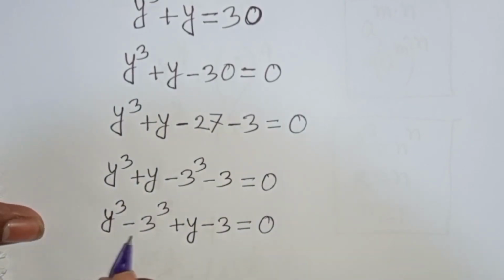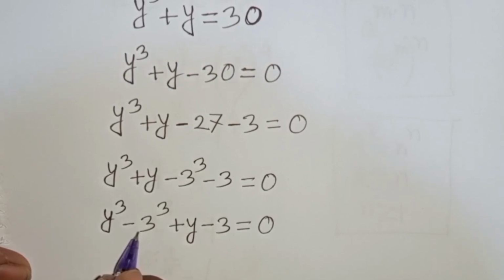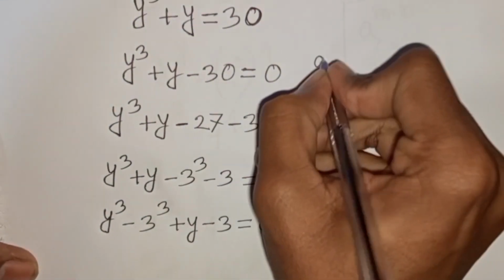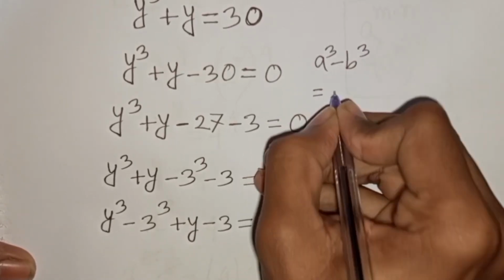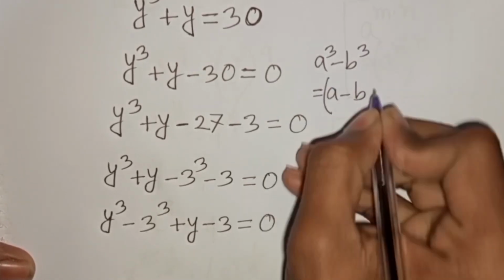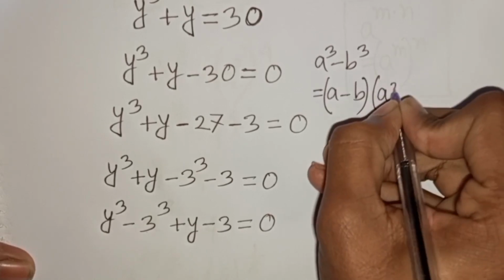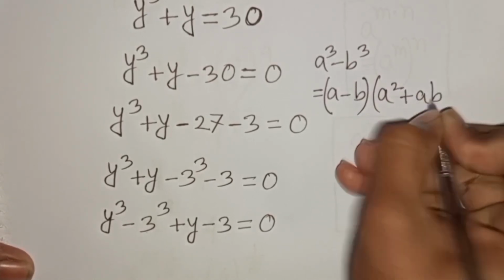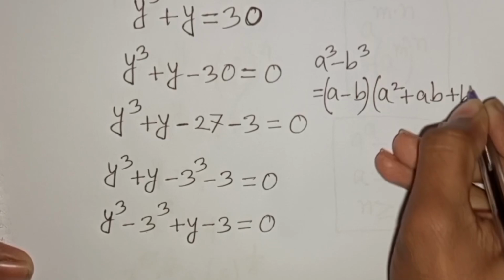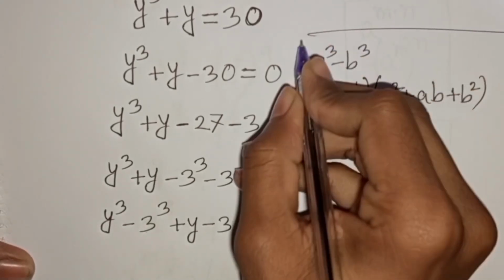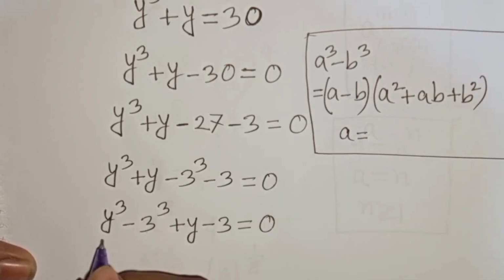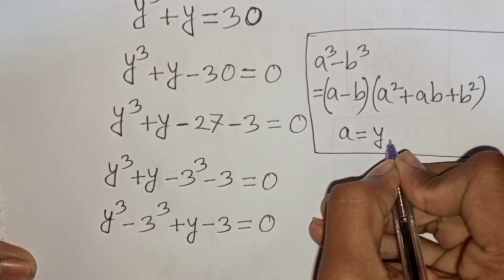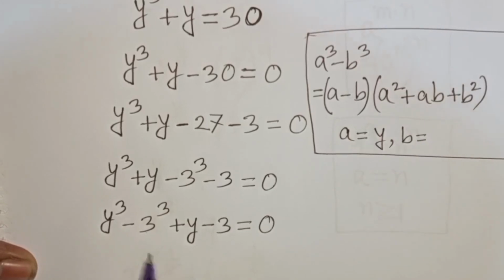Now here you can apply the formula of a cube minus b cube. Here a is y, b is 3. So according to this formula, a cube minus b cube is equal to (a minus b) times (a square plus ab plus b square). Here a will be equal to y, b will be equal to 3.